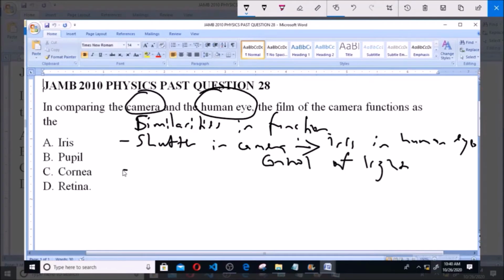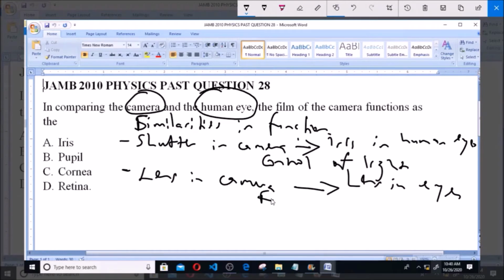Another part that is usually compared is the lens. The lens in the camera is compared to the lens in the human eye, and this is due to their similar function of focusing light. Another part that is compared between the camera and the human eye is the film of the camera.